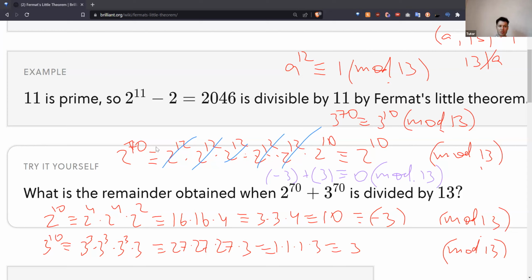So 2 to the 70 just becomes 2 to the 10. That's the beauty of Fermat's theorem. You can take any high power and make it a small power. Hopefully this is clear.